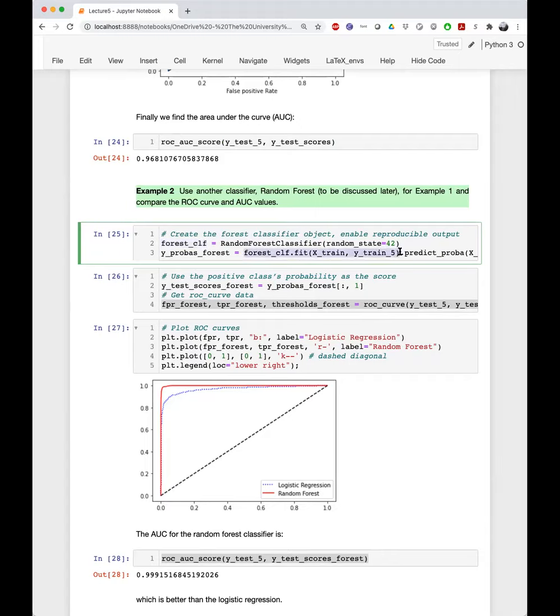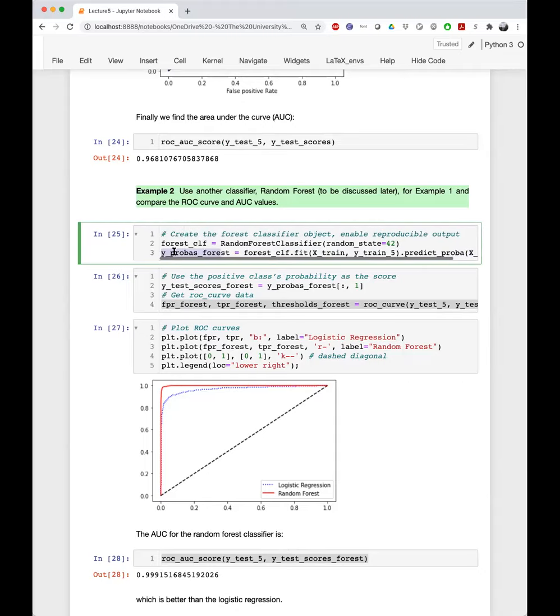And then after we fit the data, we get the scores. The scores are simply the probabilities, right? Like the logistic regression, you can get the probability, sigma of beta transpose x. Here, we can do something similar. We can get the probability of each case. So we do a predict_proba for the test case, and we get the probabilities.